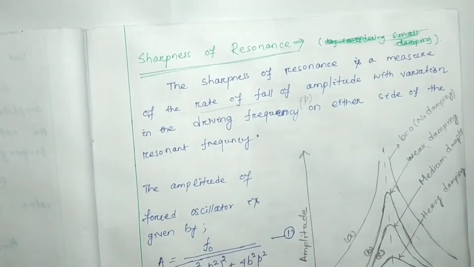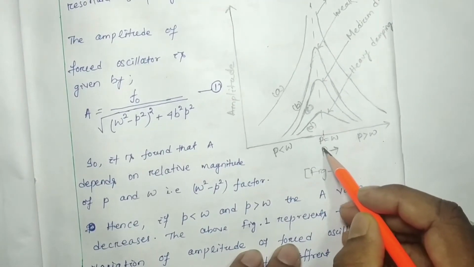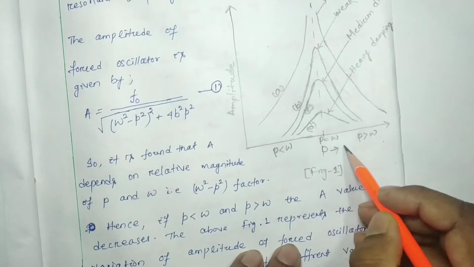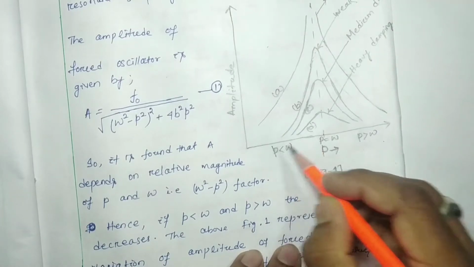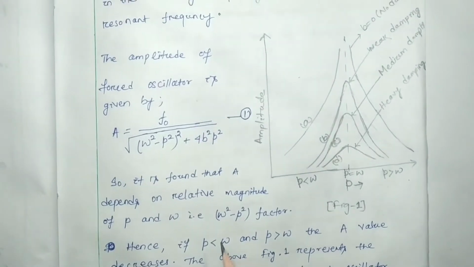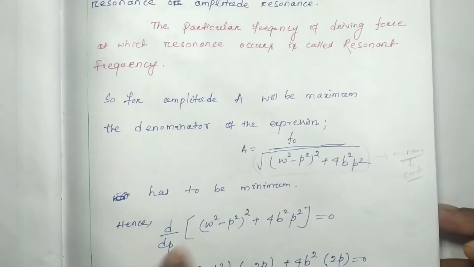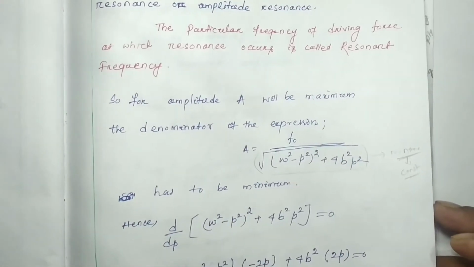I can show you the graph. Along the x-axis we consider the variation of p. Here p is small p, so you just write small p. That means p is nothing but your driving frequency.